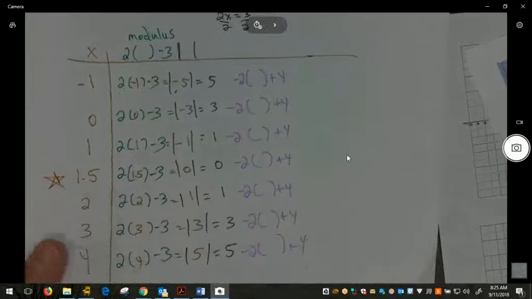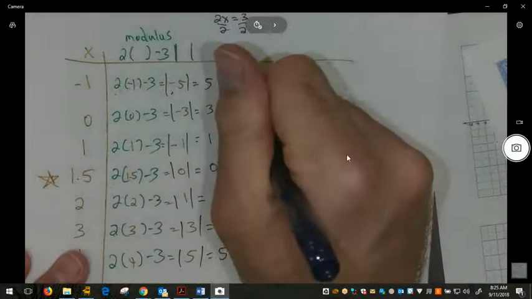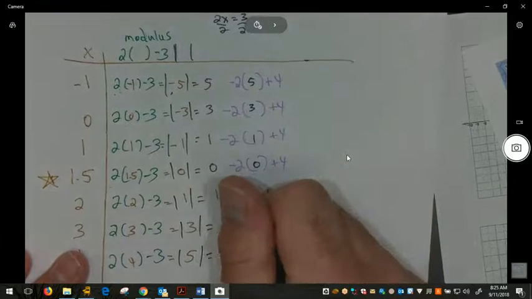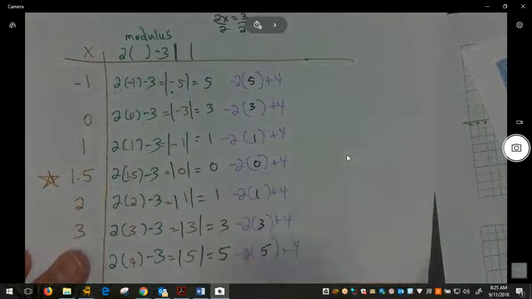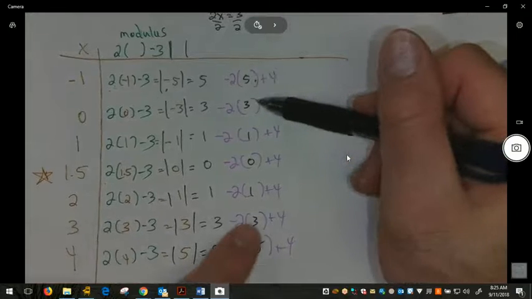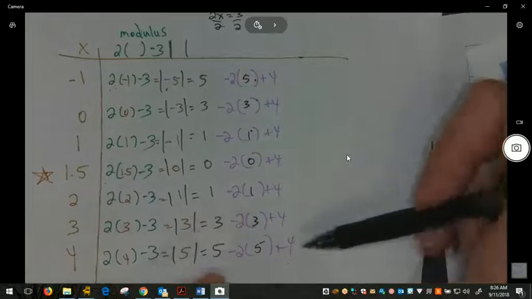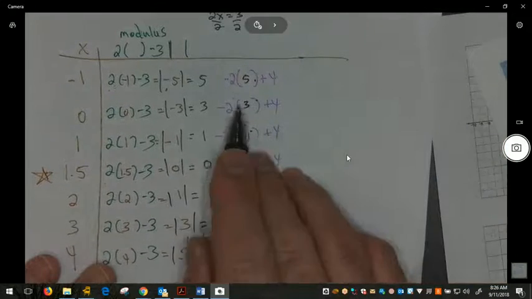I have to do that for each number that came out of the absolute value: 5, 3, 1, 0, 1, 3, and 5. You already know that these are both 5, and these are both 3, and these are both 1. So whatever I do to these top 3 is going to be the same output down at the bottom.